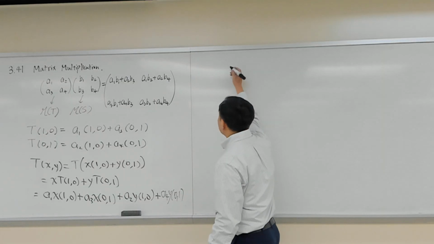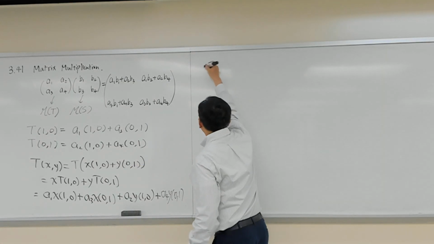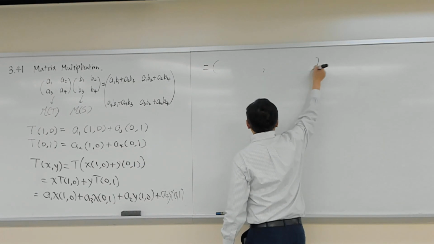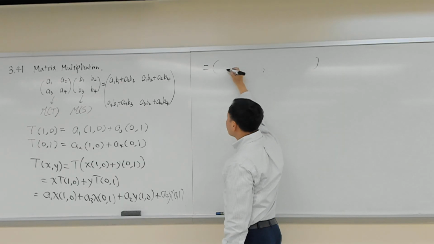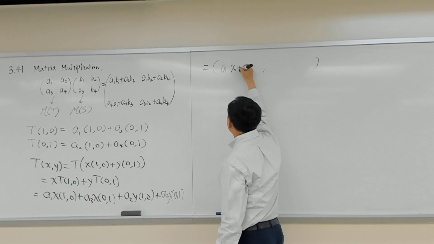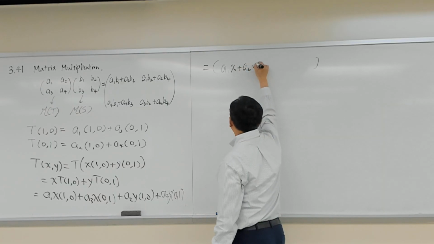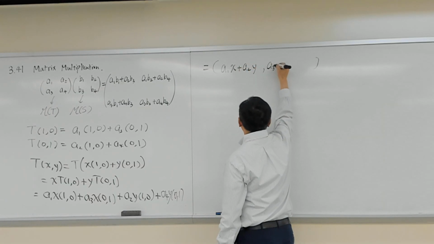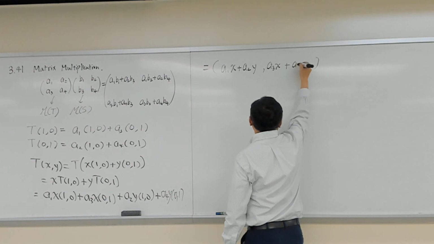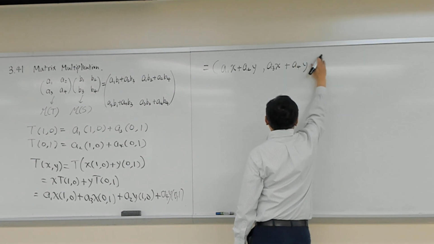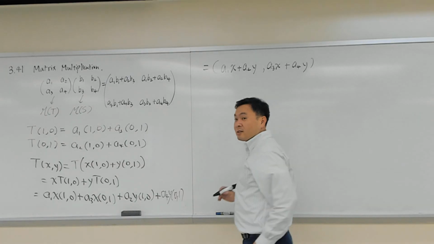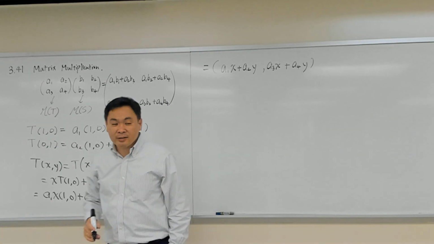Okay, now put them together. What do you get in the first coordinate? A1x plus A2y, and then A3x plus A4y. Is that good? All right.